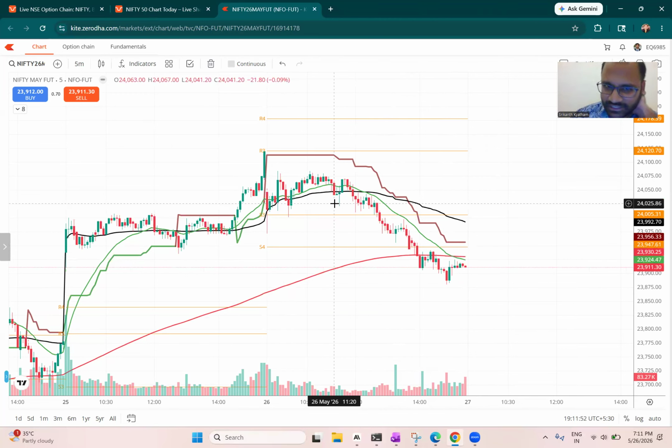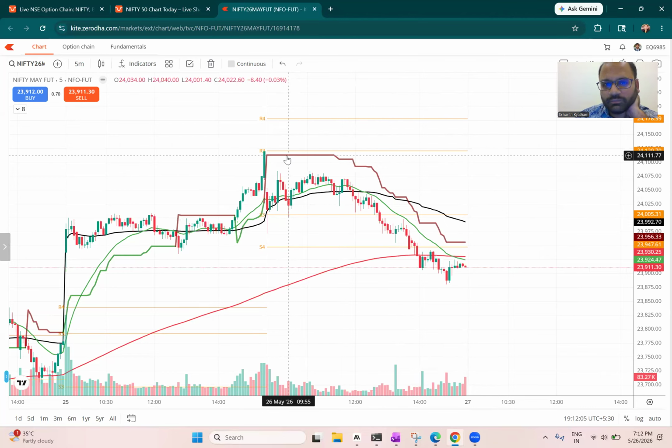What the futures chart is indicating at 9:30 is that the price is above VWAP, which is very good, but it is in between VWAP and super trend. That to me is a no trade zone. Anywhere between super trend and VWAP is a no trade zone to me.